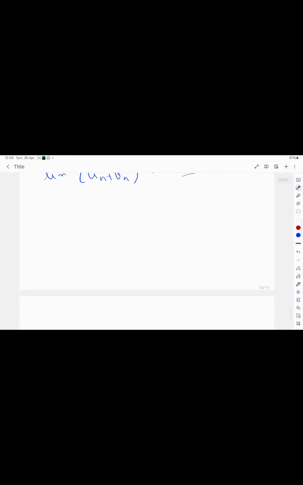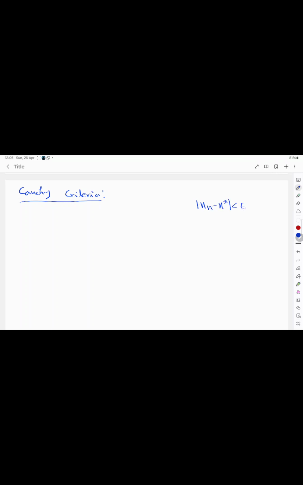Now we'll discuss the Cauchy criteria. This is also a convergence criteria. If you have a sequence xn which converges to L, it means for any epsilon greater than 0 there exists a k for which |xn minus x star| is less than epsilon for all n greater equal to k, right?